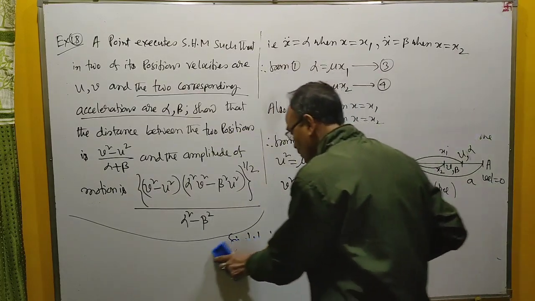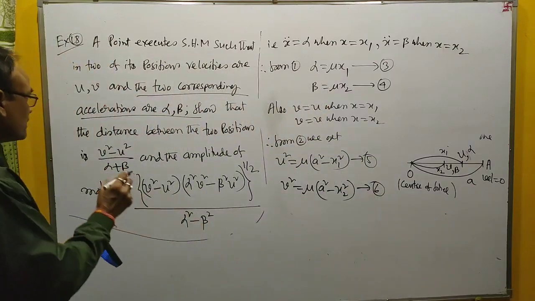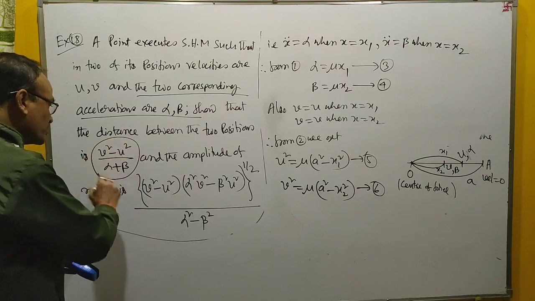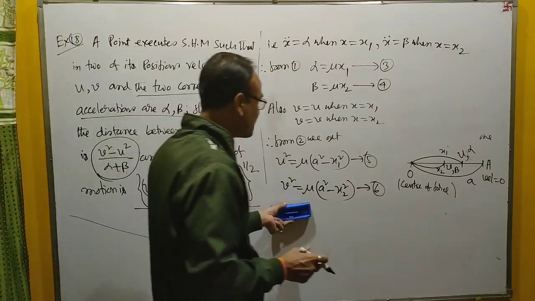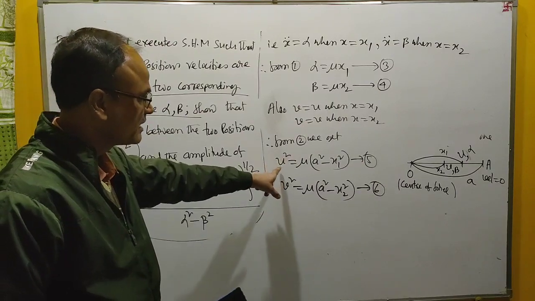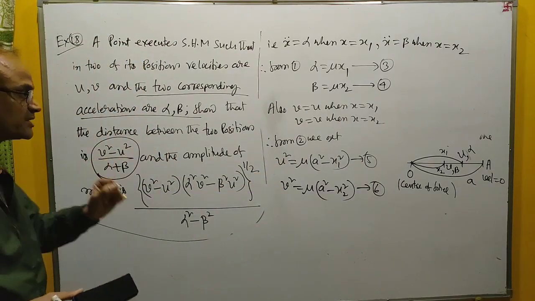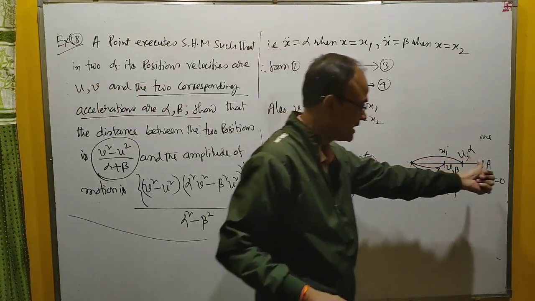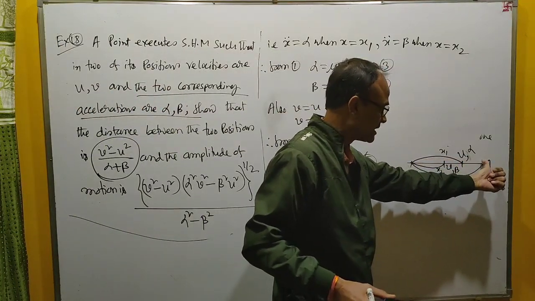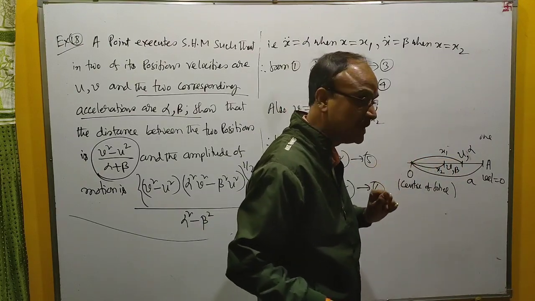Now we have to find the distance between the two positions, that means x1 minus x2. Also, in these questions you see v square minus u square. When the particle is moving in this direction, suppose, the velocity will be increasing.